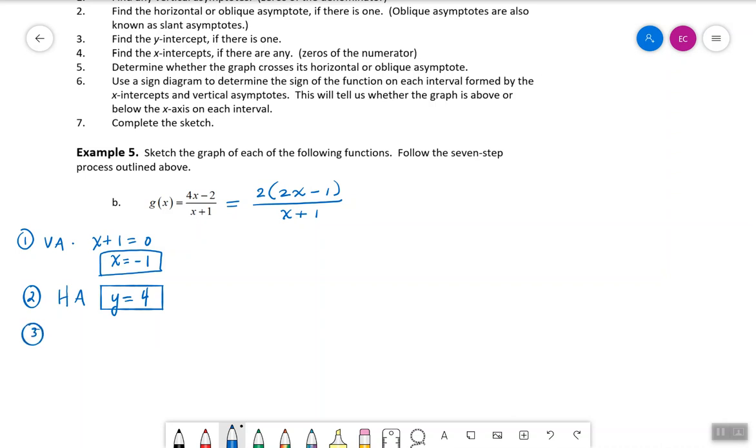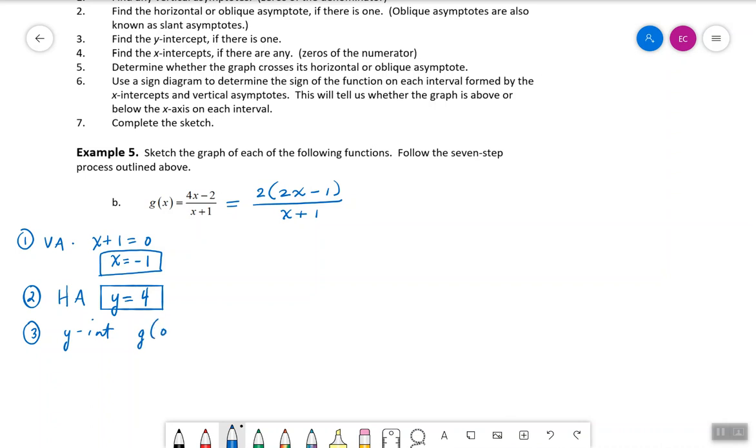In the next step, we want to find a y-intercept.